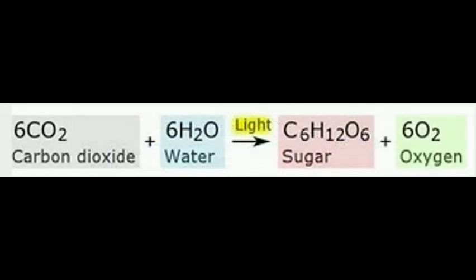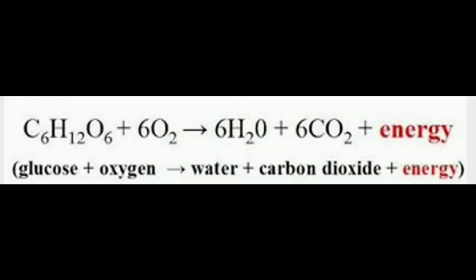Photosynthesis involves the reduction of carbon dioxide into sugars and the oxidation of water into molecular oxygen. The reverse reaction, cellular respiration, is the oxidation of glucose to carbon dioxide and the reduction of oxygen to water.